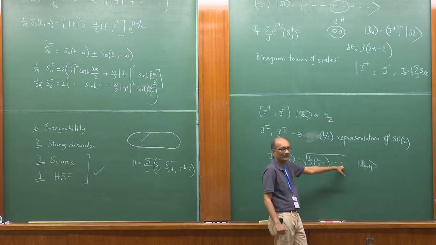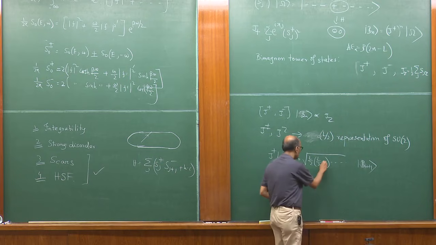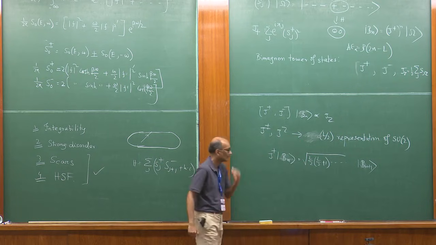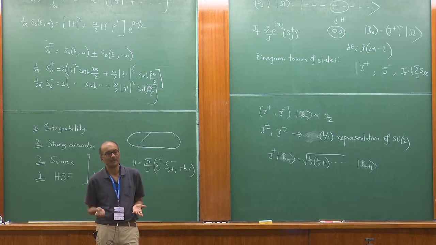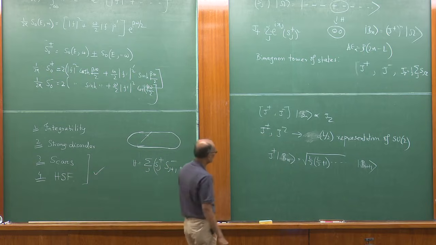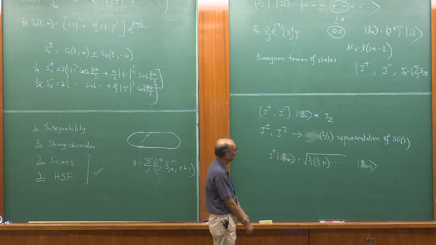I don't remember the factors offhand, but it's an L by 2 representation, with S into S plus 1. This is a typical angular momentum algebra, but with a spin which is L by 2. And similarly for J minus, it's going to take it to n minus 1.